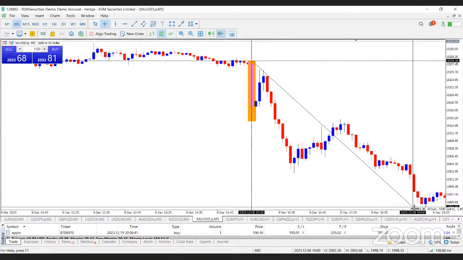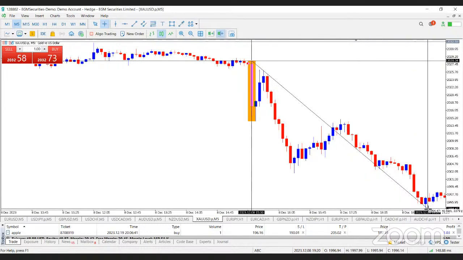Within that period, price dropped by around 330 pips. So if you're holding a sell position in gold from around 4:30 on that particular day, you could have had a significant drop in gold to capitalize on within 3 hours.